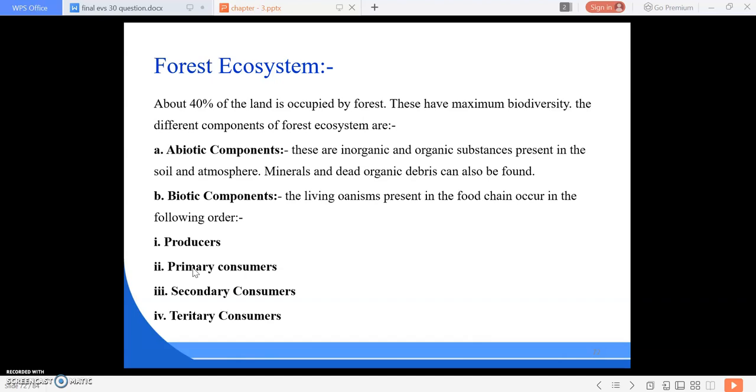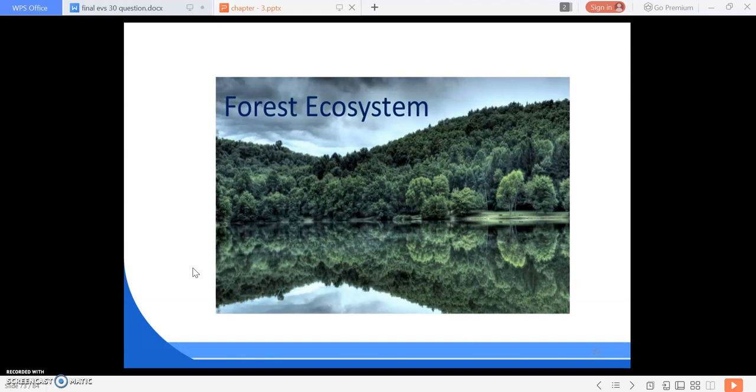Next is our secondary consumers. These are the carnivores like snakes, birds, lizards, fox, etc., which feed on herbivores. Next is our tertiary consumers. These are the top carnivores like lion, tiger, etc., that eat carnivores of secondary consumer levels. Next is our decomposers.